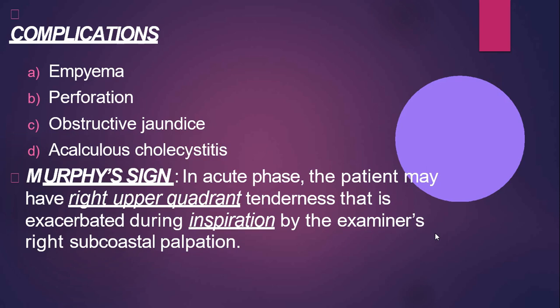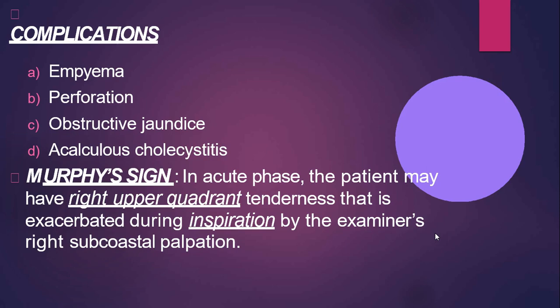There is a blockage of stone at the neck of the gallbladder, and there is bile in the gallbladder, which at first is absorbed, and later on, due to stasis of the bile, there is proliferation of bacteria resulting in the pyocele and the empyema.